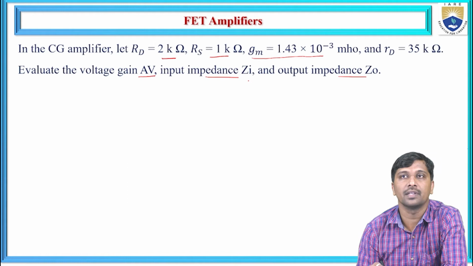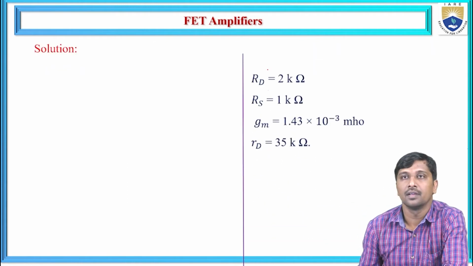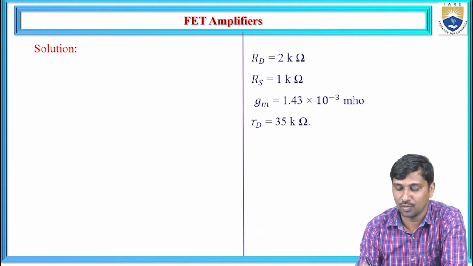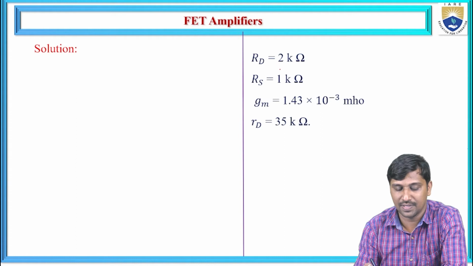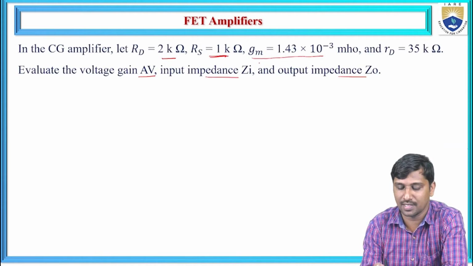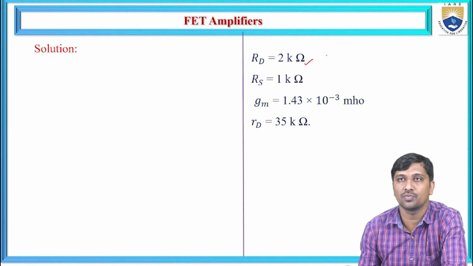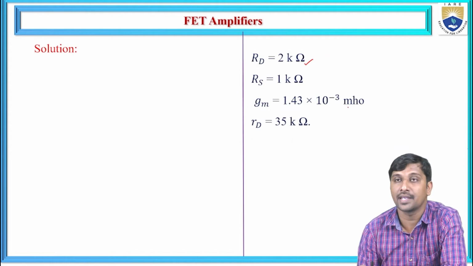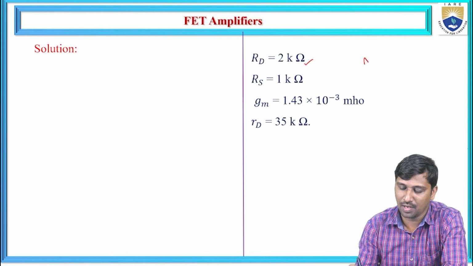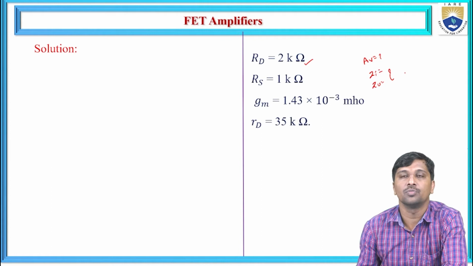From the problem statement, the external drain resistance is 2 kilo ohms, the source resistance is 1 kilo ohm, the transconductance is 1.43 into 10 to the power of minus 3 mhos, and the internal small drain resistance is 35 kilo ohms. Now we need to evaluate the voltage gain, input impedance, and output impedance.